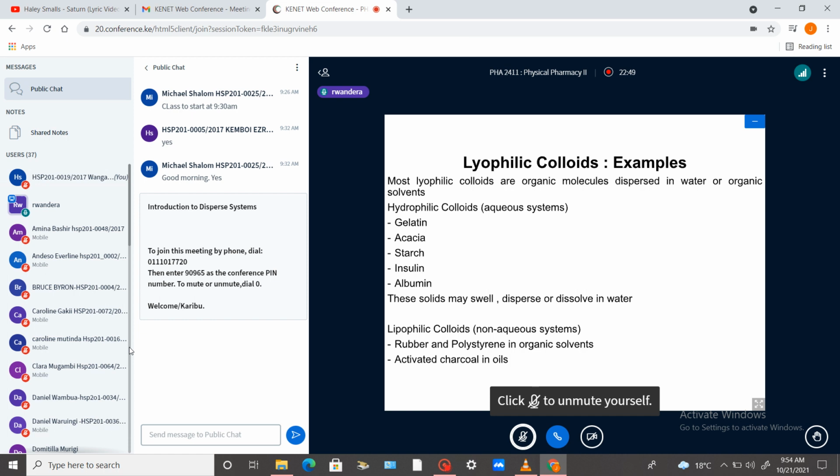On the other hand, for lipophilic colloids, you have rubber and polystyrene dispersed in organic solvents. You also have activated charcoal dispersed in oils to form lipophilic colloids.